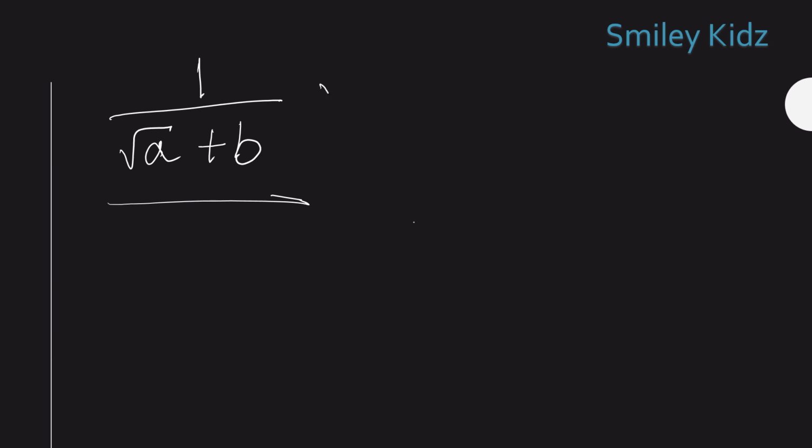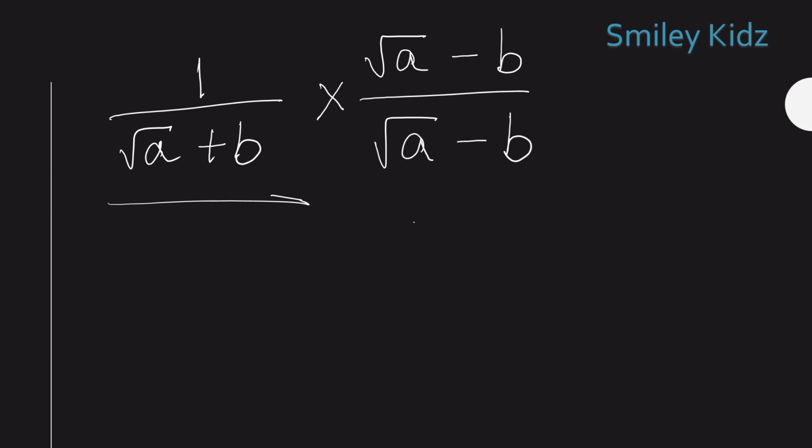To rationalize the denominator like 1 by square root of a plus b, we need to multiply this by square root of a minus b on the numerator as well as on the denominator.